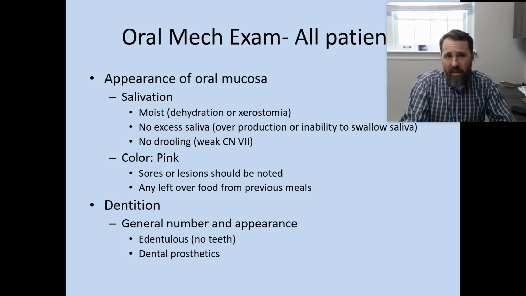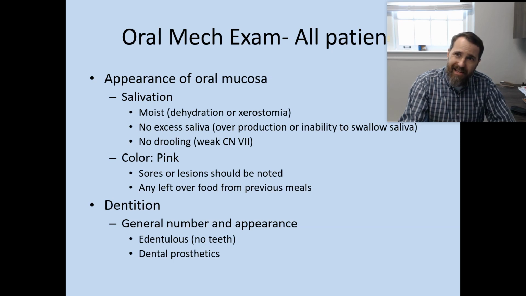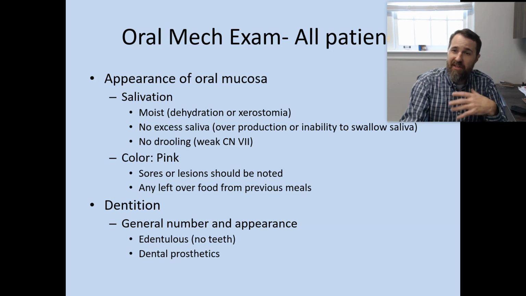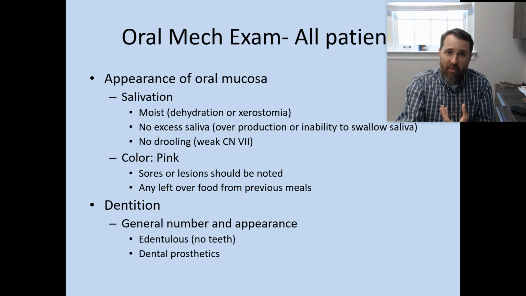So you want to look in their mouth. You want to note, does the oral mucosa look healthy and wet and pink? Is there excess saliva pouring out of their mouth, or saliva pouring out of their mouth at all?